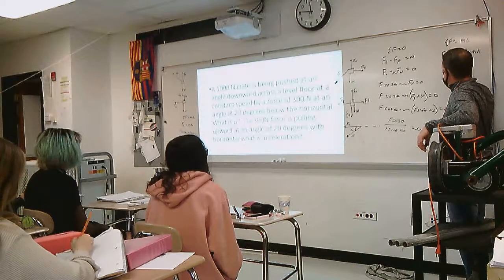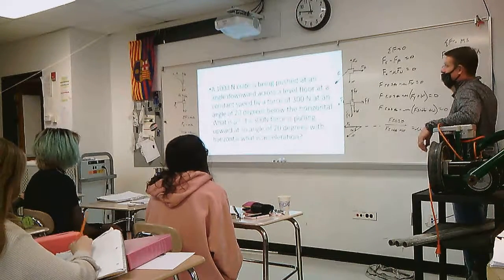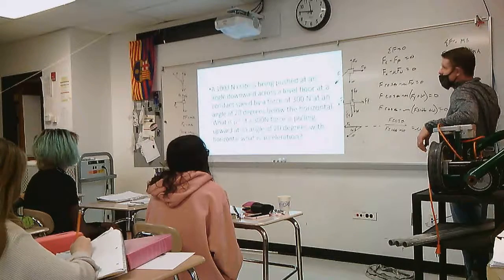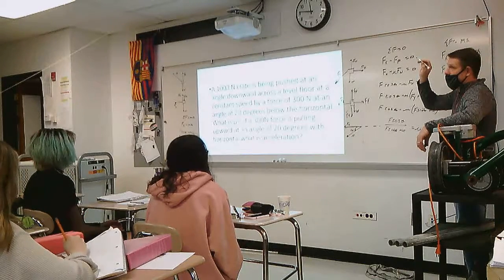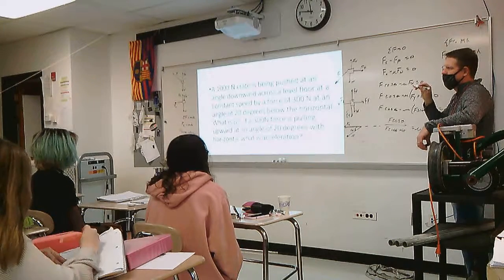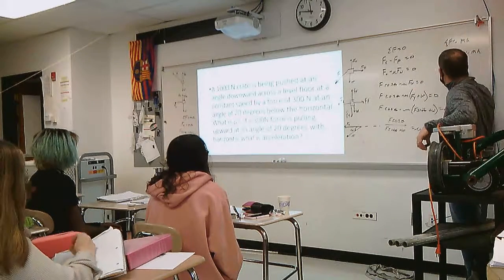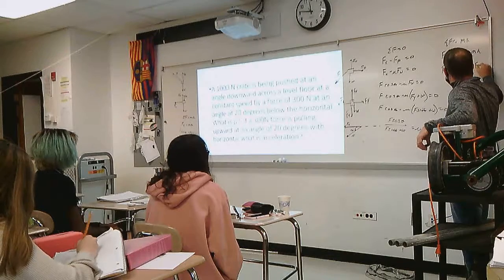F times the cosine of theta. What do we replace Ff with? Mu times the normal force. Now we're pulling up, so what's the normal force going to be equal to? W minus F sine theta.